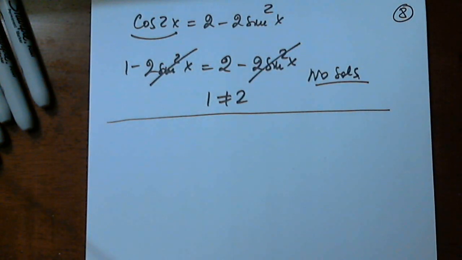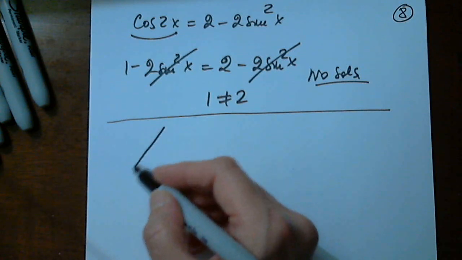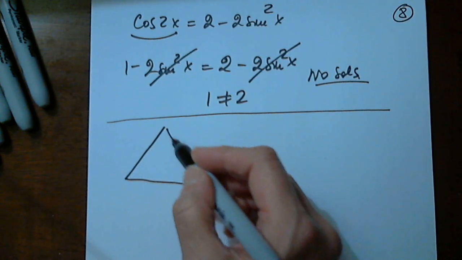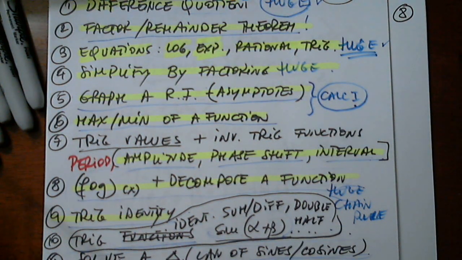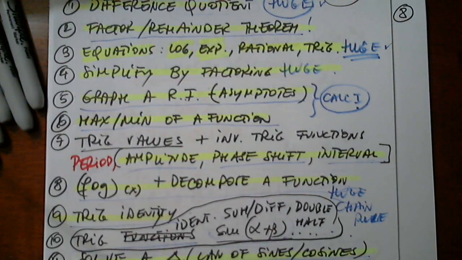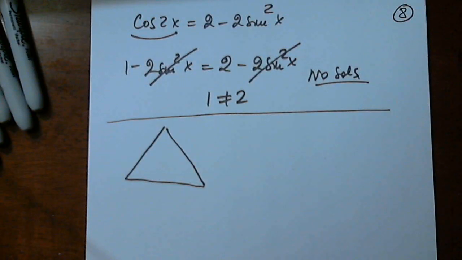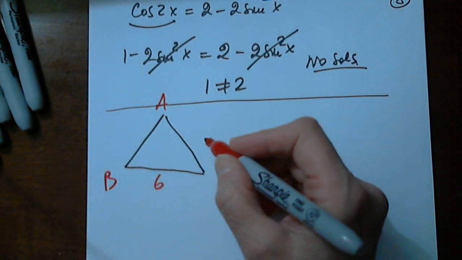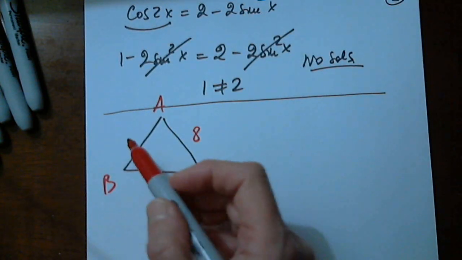For law of cosines, it was one of the tests, right? It was side A equals 6, B is 8, and then C is 9.